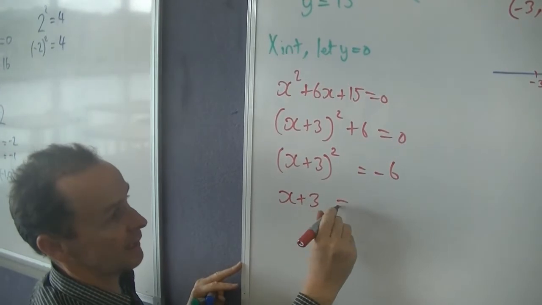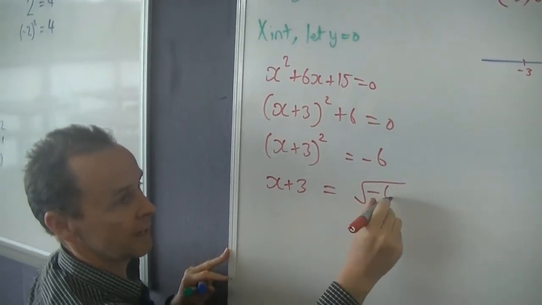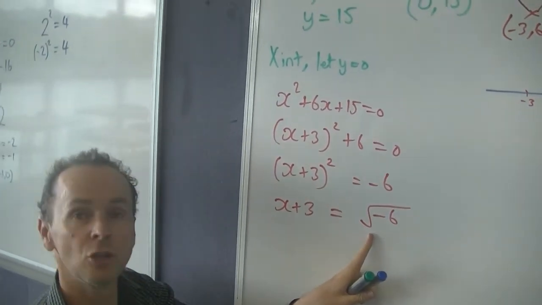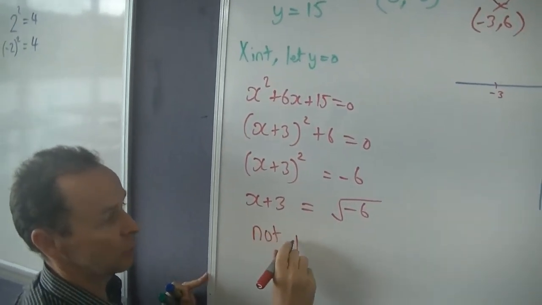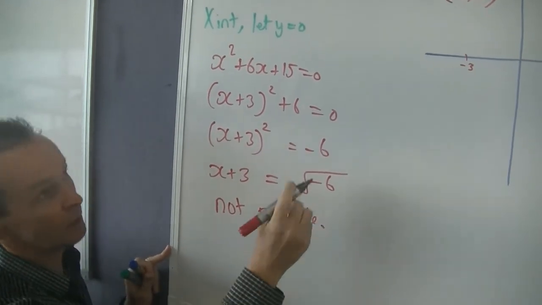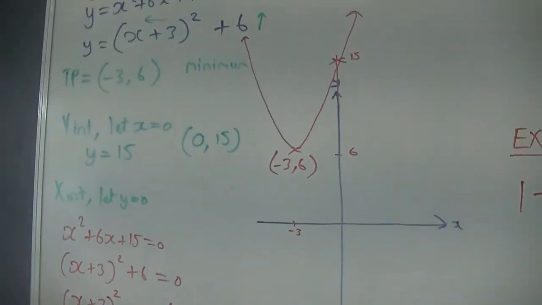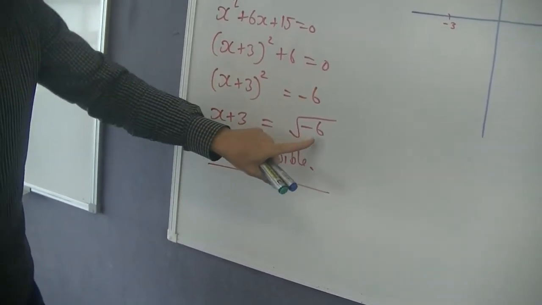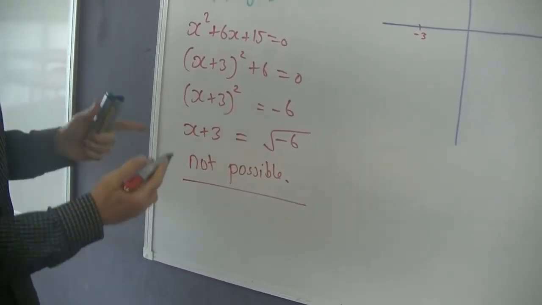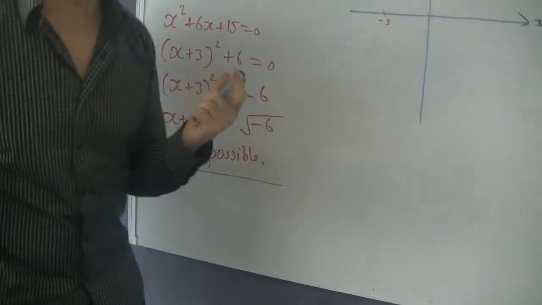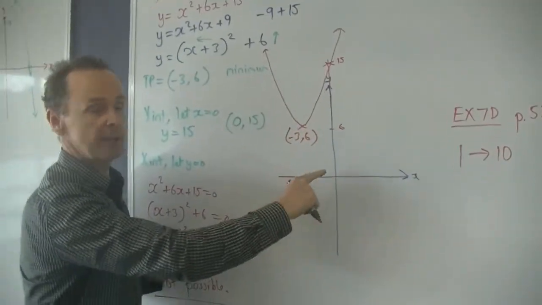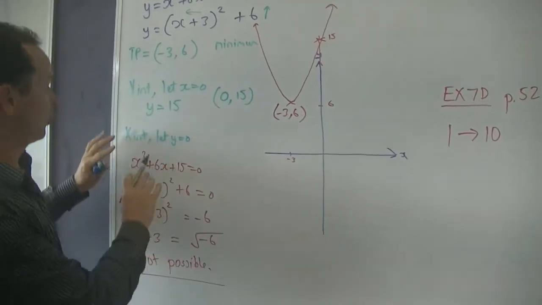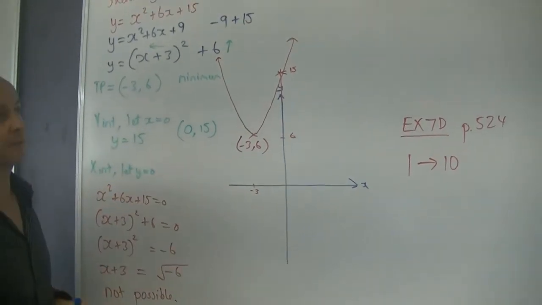So we get x plus 3 equals the square root of negative 6. Is it possible to get the square root of a negative number? No, it is not. So this is not possible. So it's telling you there are no x-intercepts. But in a test, save time by doing a little sketch. Have an idea of what your graph looks like. You do not need to do the x-intercepts if they don't exist.